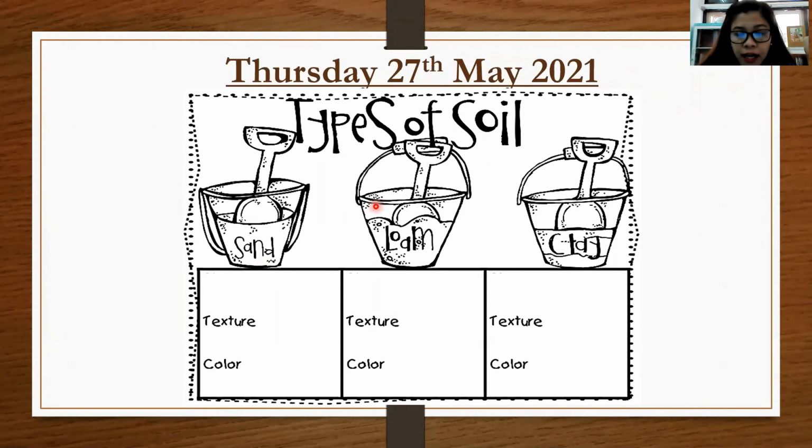For loamy soil, write down loamy soil, and what is the texture and color of loamy soil. And the same with clay soil. Make this table, and then write down the texture and color of each soil.